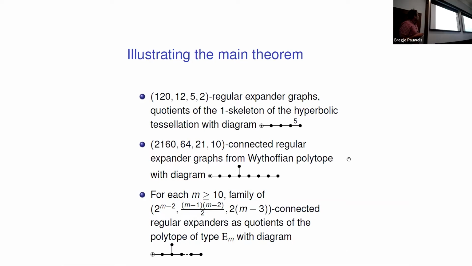And then here, illustrating the main theorem, I just want to give you some feel for what kind of objects we get. The first one is a (120, 12, 5, 2)-regular expander graph. I'll elaborate a little more on that one later. Here I circled this one. The way you read this: if you look at the link of a vertex, you delete that vertex and put a circle around the next one.